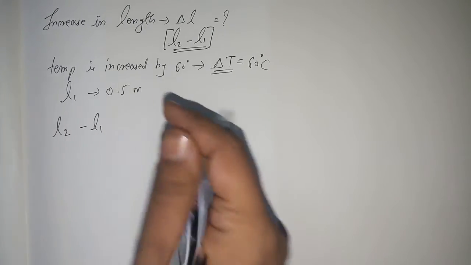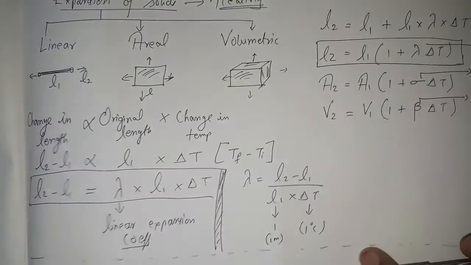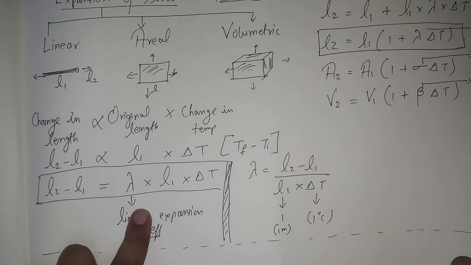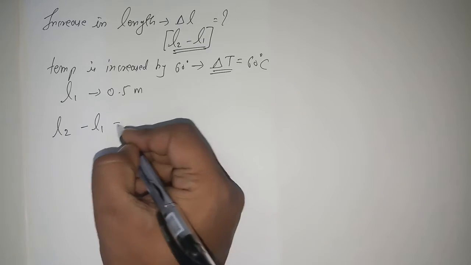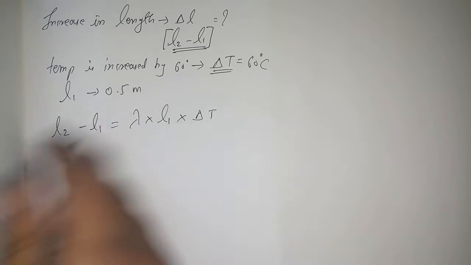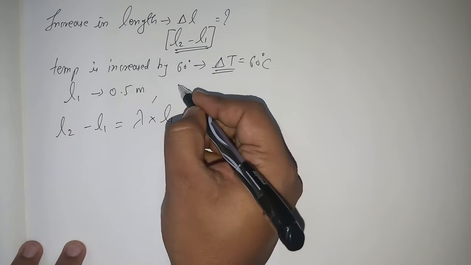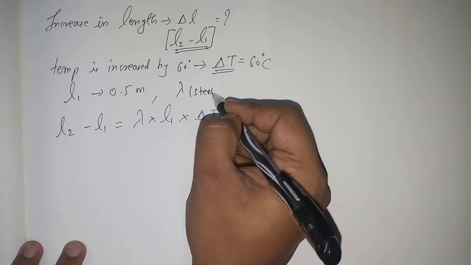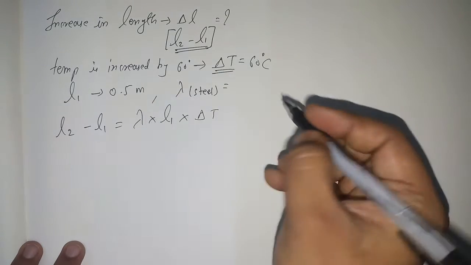L2 minus L1, we have seen this, right? L2 minus L1 equals lambda into L1 into delta T. They have given the value of lambda for steel. We are using a steel rod here.